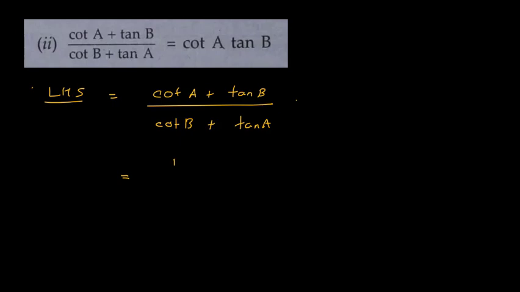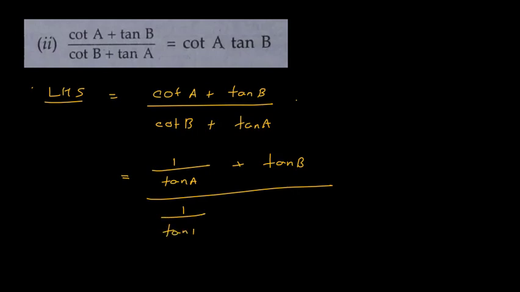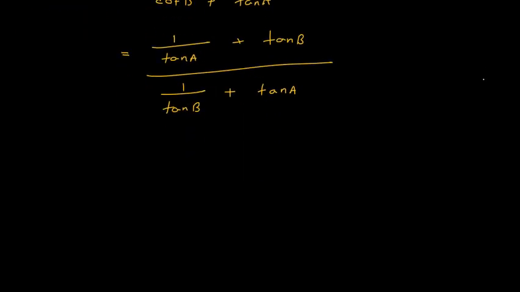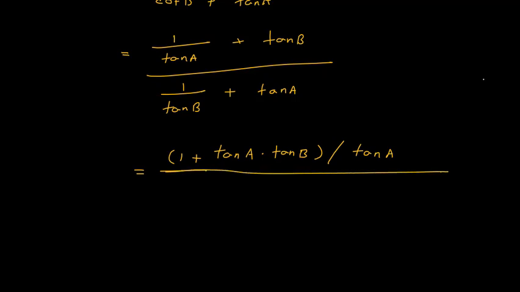So this cot A I will say 1 upon tan A plus this is tan B, and whole divided by this cot B I will say 1 upon tan B plus this is tan A. So this you will say that 1 plus, we will cross multiply, so it is 1 plus tan A into tan B, this whole divided by tan A, and this whole divided by, it is 1 plus tan A into tan B divided by tan B.